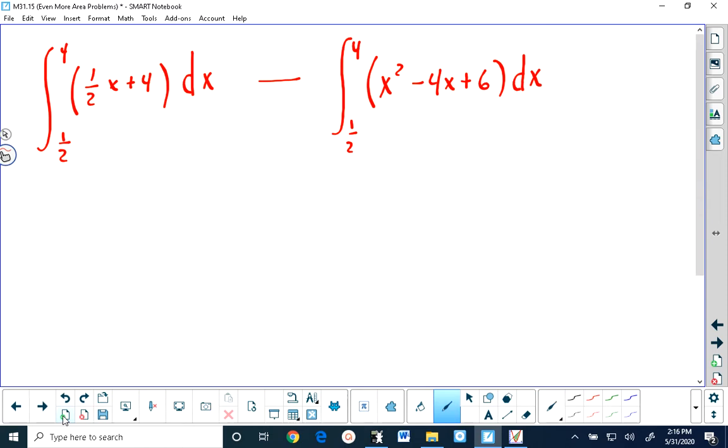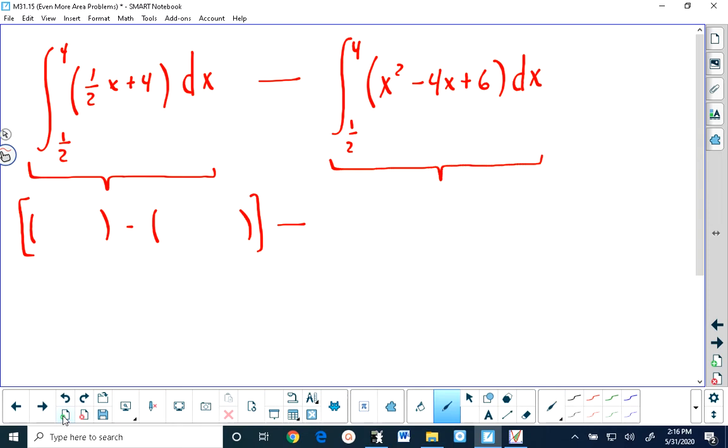So what we are going to have eventually for this integral or area is an antiderivative minus an antiderivative, and then minus, for this integral or antiderivative or area, whatever you'd like to call it, we are also going to have an antiderivative minus an antiderivative. And that can be quite confusing.